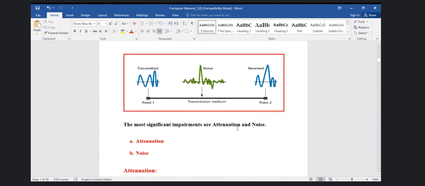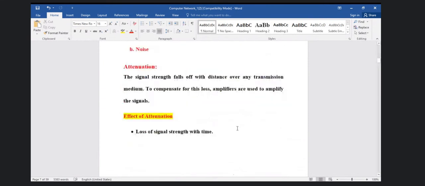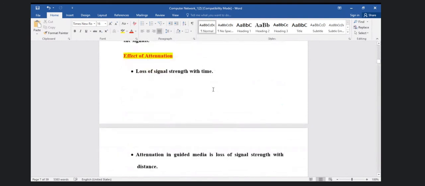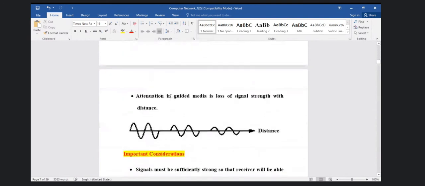Its amplitude is reduced, or attenuated. It is loss of signal strength, and attenuation in guided media is loss of signal strength with distance. So if at the beginning the signal has this strength, as it proceeds through the channel or medium, the signal strength will be degraded.